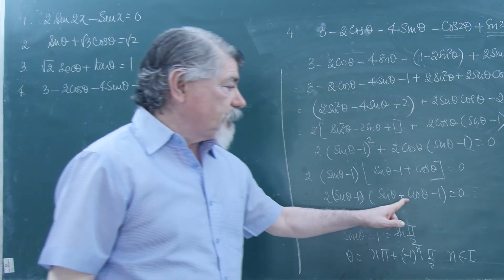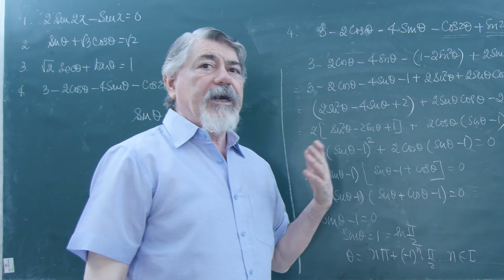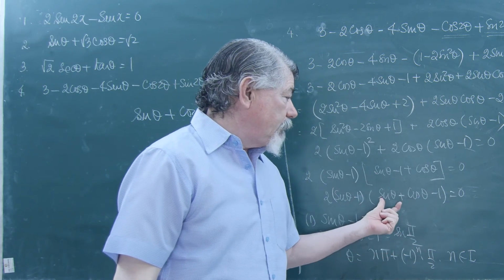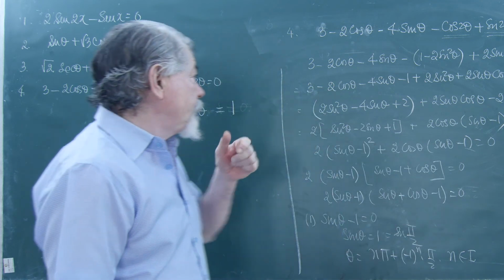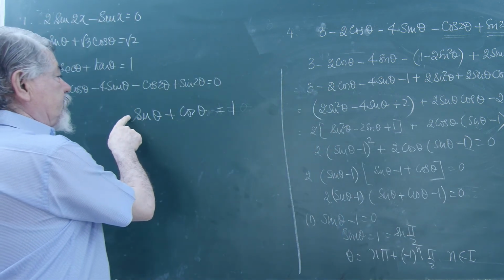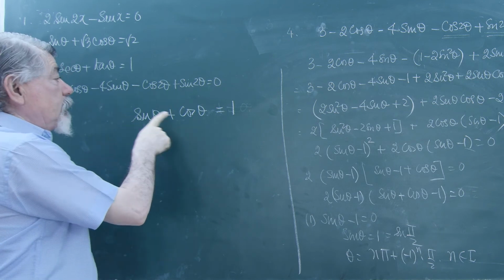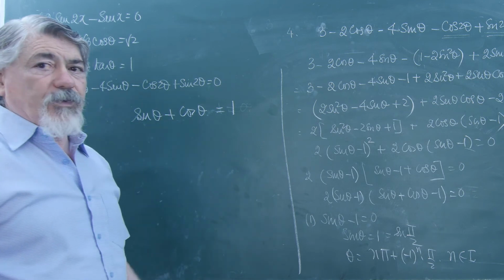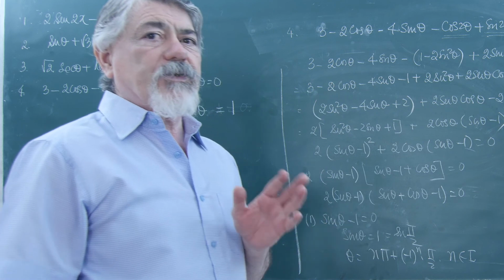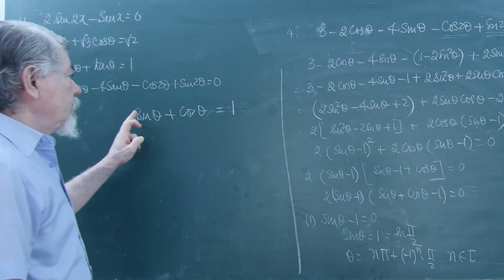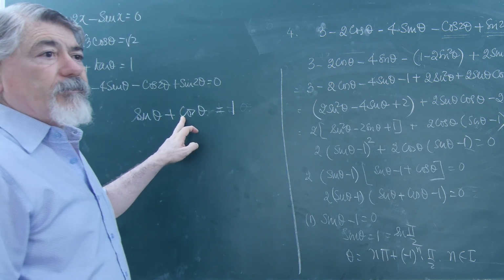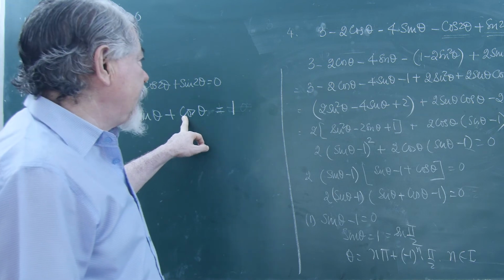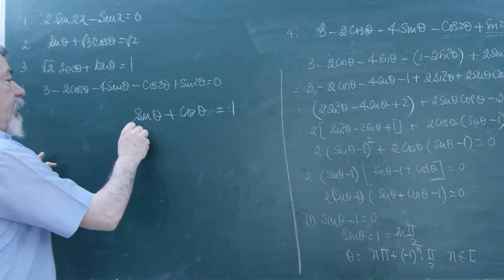The coefficient of sine theta is 1. The coefficient of cos theta is 1. Under root of 1 square plus 1 square will be under root 2. I'll divide the whole equation by root 2.